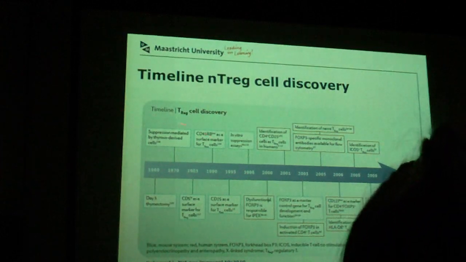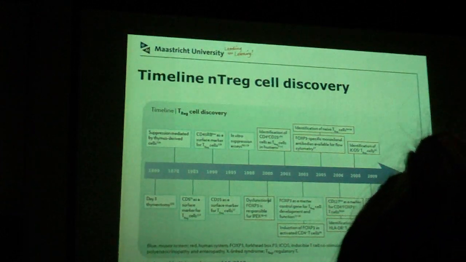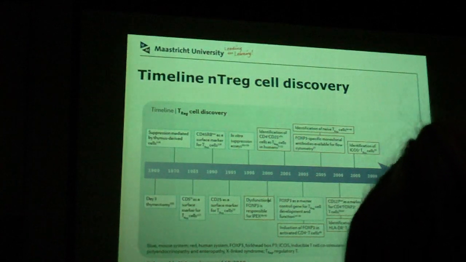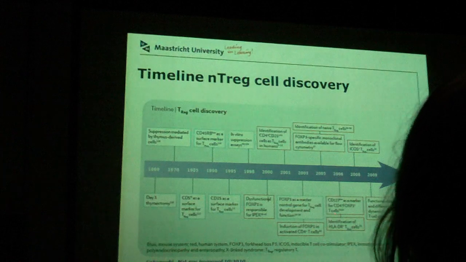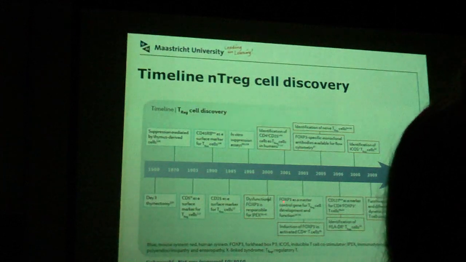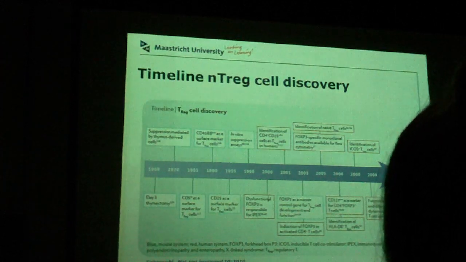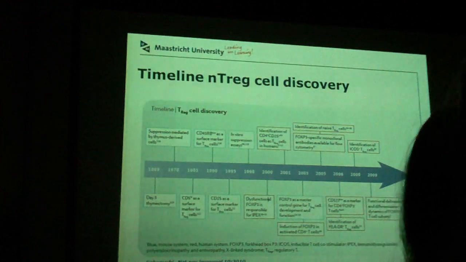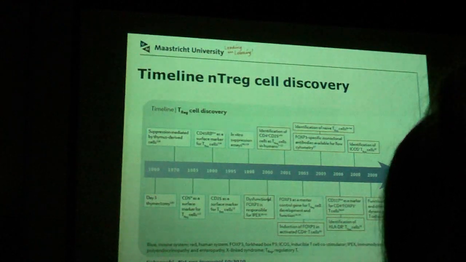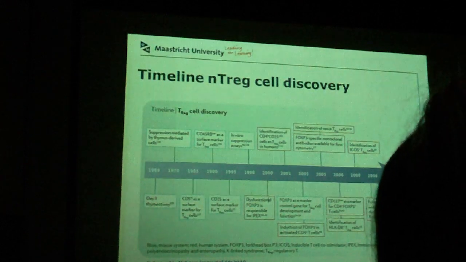So you see in the beginning it was mainly T cell data coming from the mouse model, and later on, only in 2000, it was discovered that there is also a regulatory T cell in the human system which is able to suppress other immune responses.